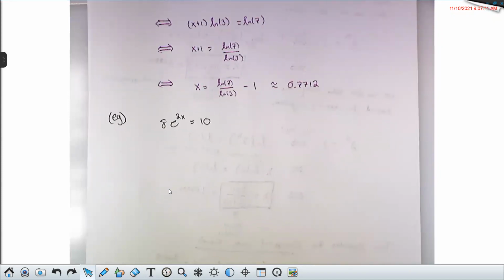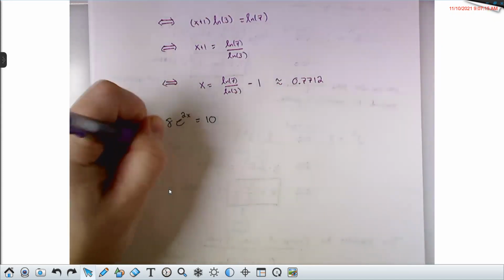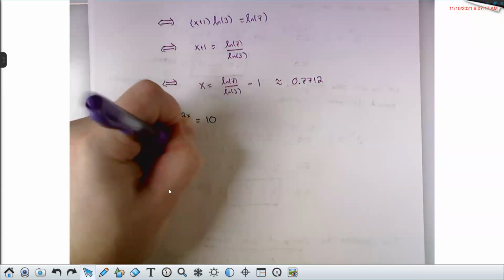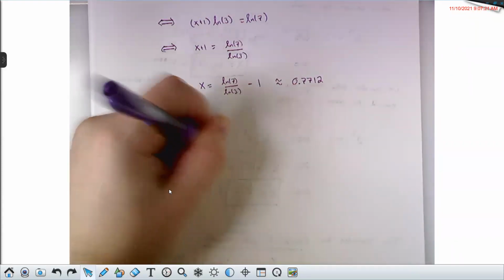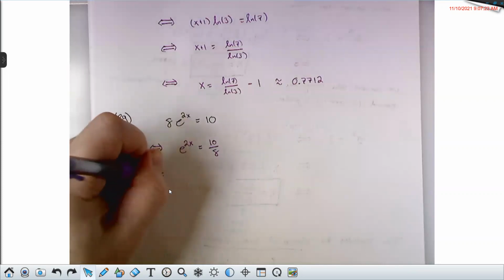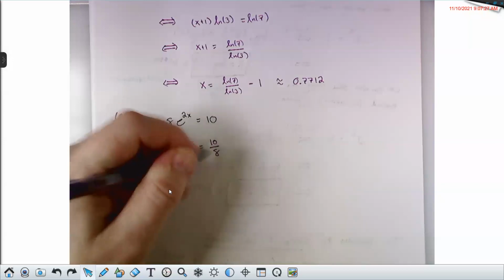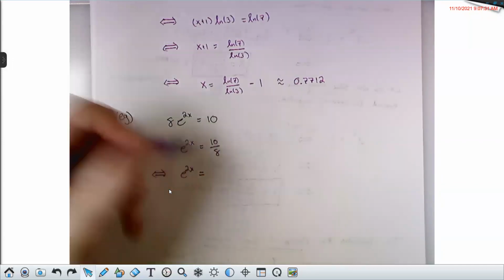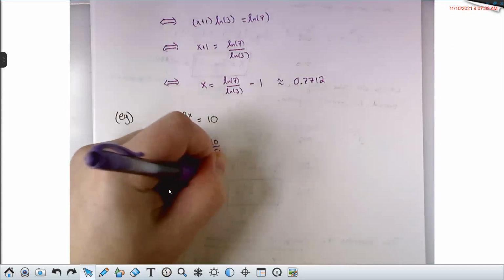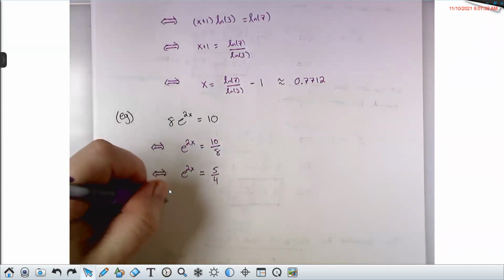So I would begin here by dividing both sides by 8. So e to the 2x equals 10 over 8. I can simplify 10 over 8. They're both divisible by 2. So this is 5 over 4. Nice to do that.